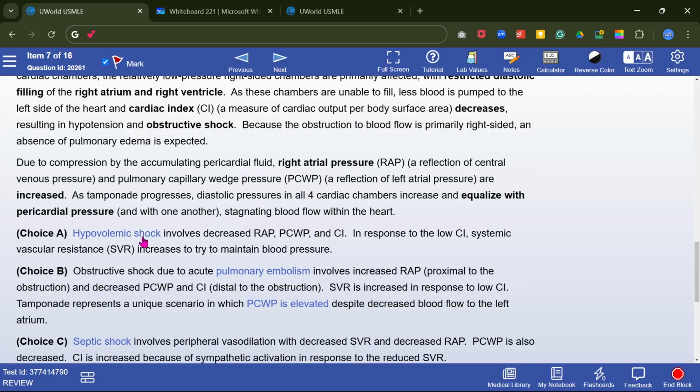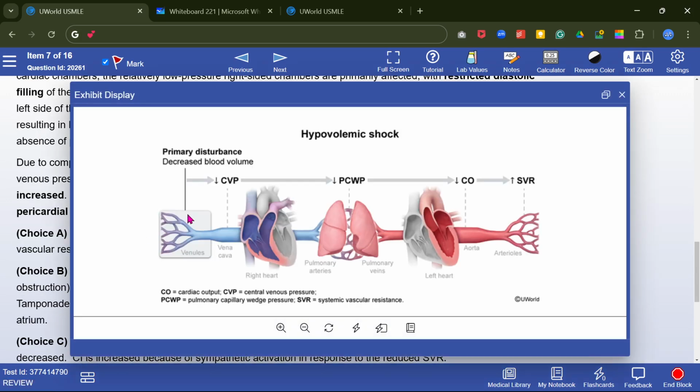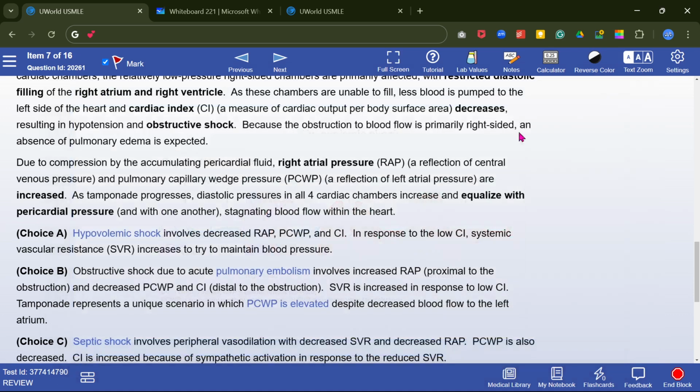In hypovolemic shock, what happens? Central venous pressure is decreased, pulmonary capillary wedge pressure is decreased, cardiac output is decreased, and systemic vascular resistance, done by the arterioles, is increased.